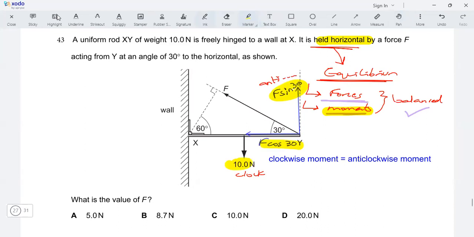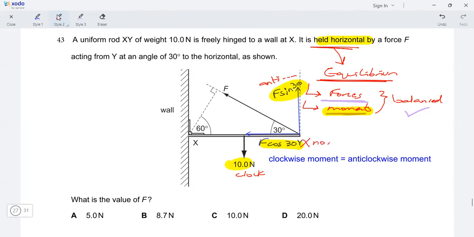This force, F cosine 60, will cause no moment. The reason? Because the line of action of this force is passing along the hinge, which is acting as our pivot point. All right, so these are the two forces.